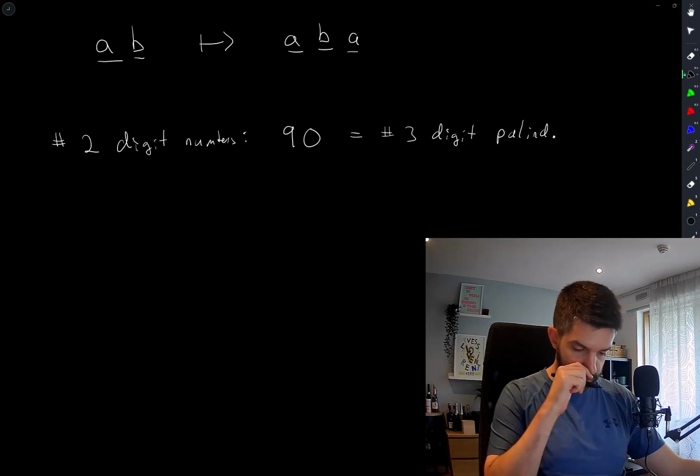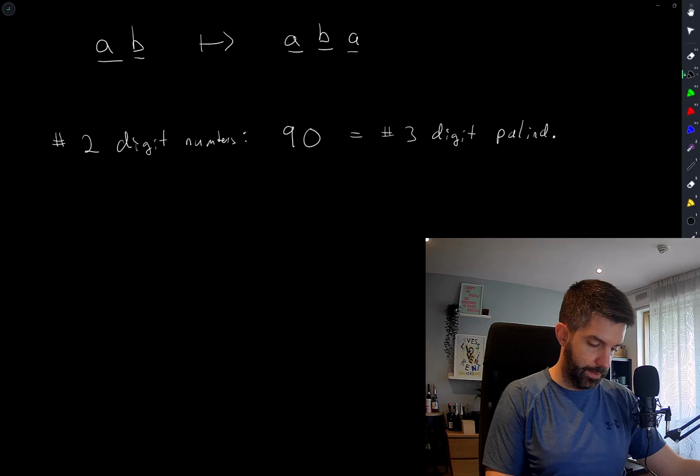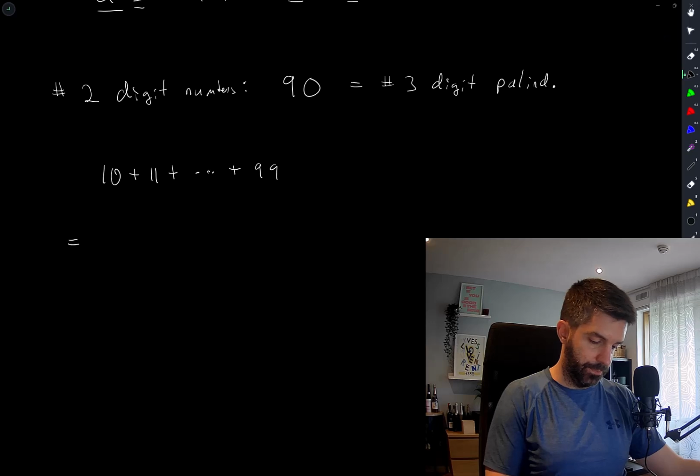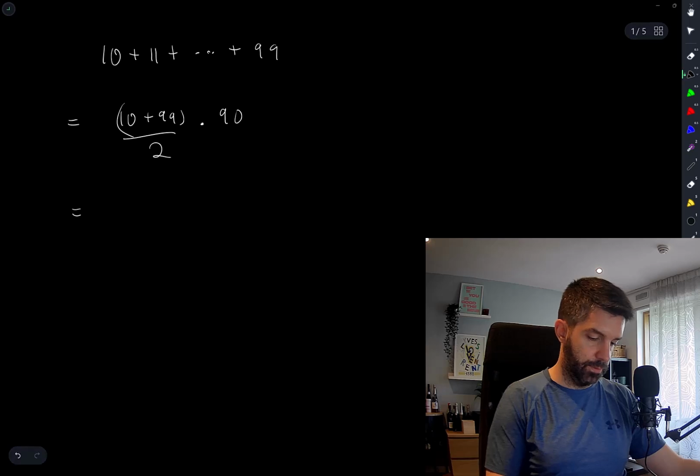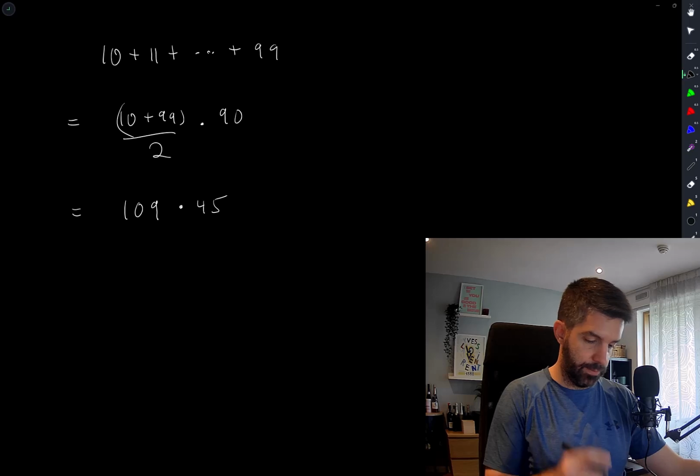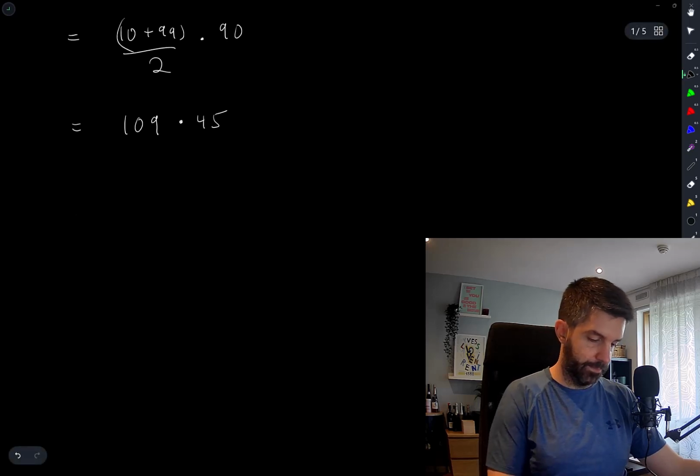Okay, so the sum of these 2-digit numbers, this is the sum 10 plus 11 plus ... plus 99. This is equal to 10 plus 99 over 2 times 90, which is 109 times 45. This is 110 times 45 minus 45.